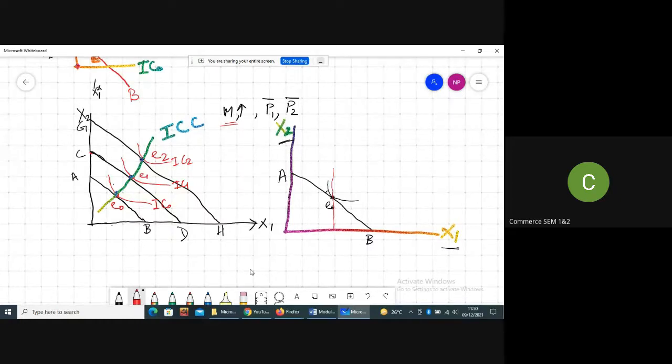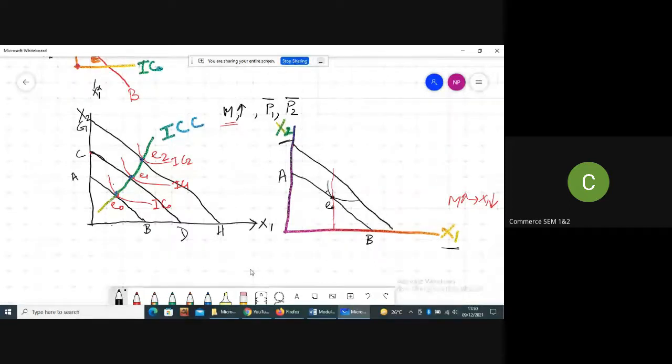Inferior commodities are those commodities for which if money income increases, consumption of that commodity will decrease. So if your money income increases, your new budget line will shift to the right like this. Now the new equilibrium will be somewhere to the left of this red straight line. So if this is E0, new equilibrium is somewhere here.